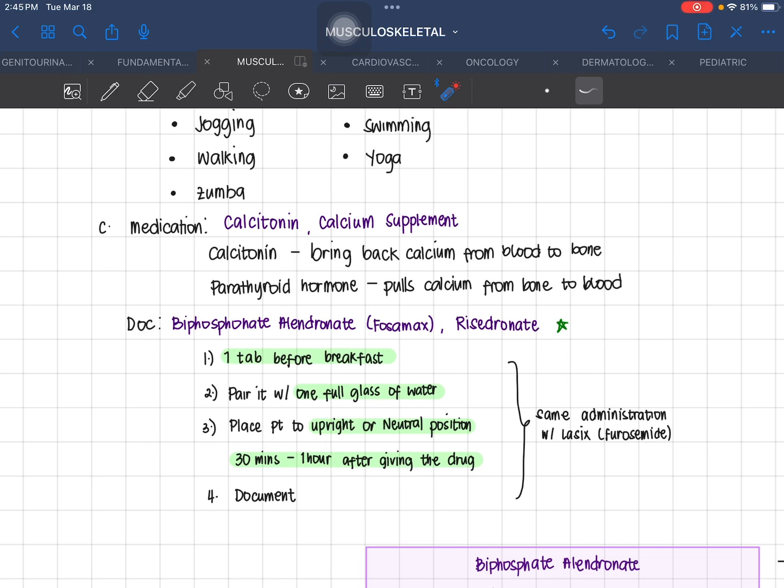Calcitonin brings back calcium from blood to bone. Meron din kasi tinatawag na parathyroid hormone. Yun ang kabaliktaran ng calcitonin. Yung calcitonin kasi, it brings back the calcium from blood to bone. Yung parathyroid hormone kasi, it pulls calcium from bone to blood.